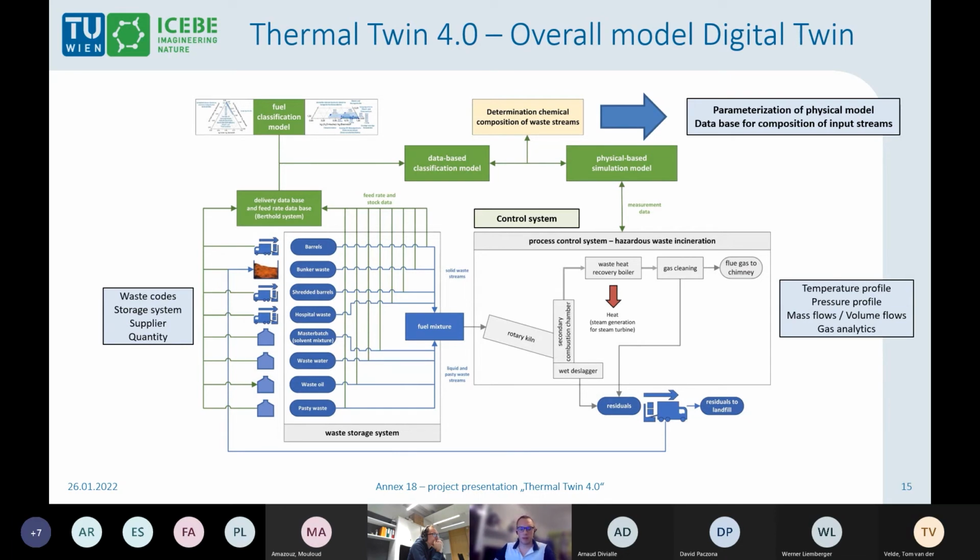First of all, some months ago we did some experimental runs with well-known input streams to parameterize this physical model, to fix some bugs and to parameterize some setting values in the physical model. Afterwards, we are now building up a database for the composition of input streams by analyzing historical data.